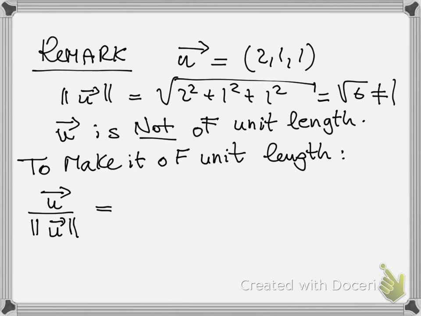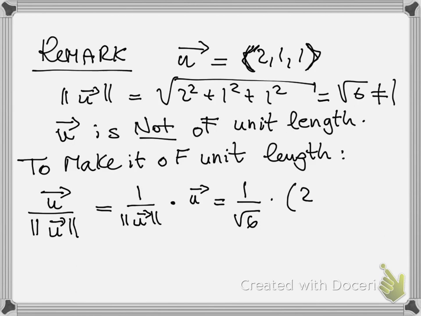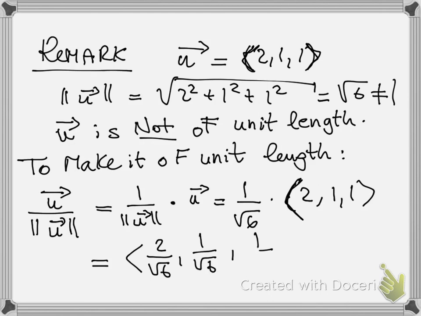It's like you multiply the vector u by 1 over the length of u. That's 1 over the square root of 6, times u, so that's 2, 1, 1. So that's 2 over square root of 6, 1 over square root of 6, 1 over square root of 6.